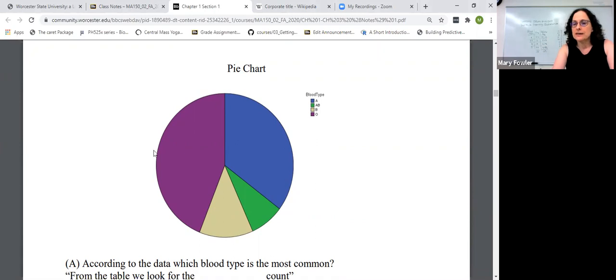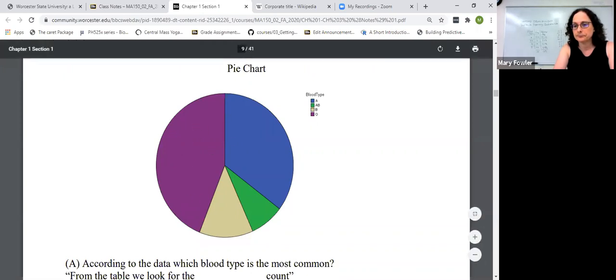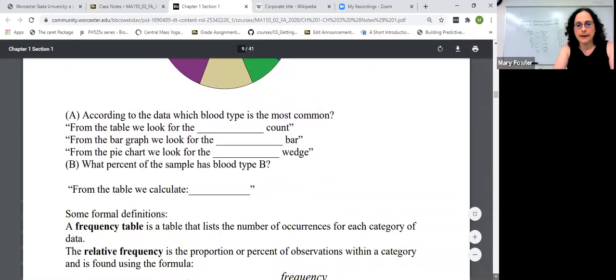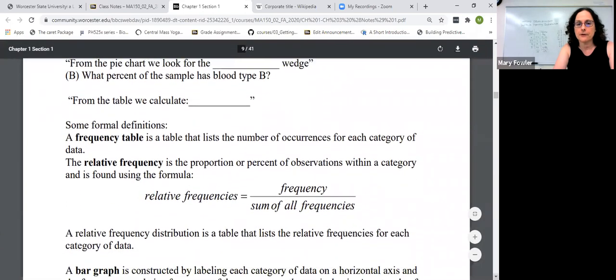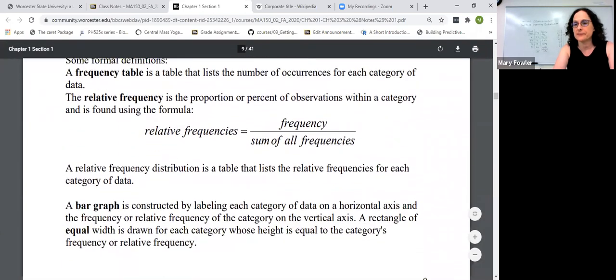So we note that in a pie chart, the blood type that is most common has the biggest piece of pie. So it's this purple one here.